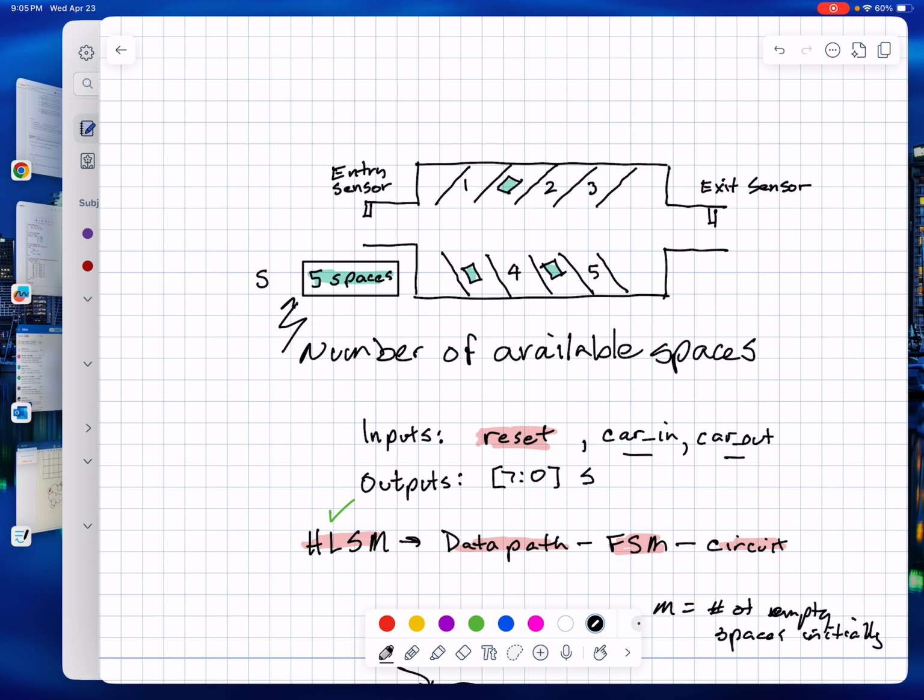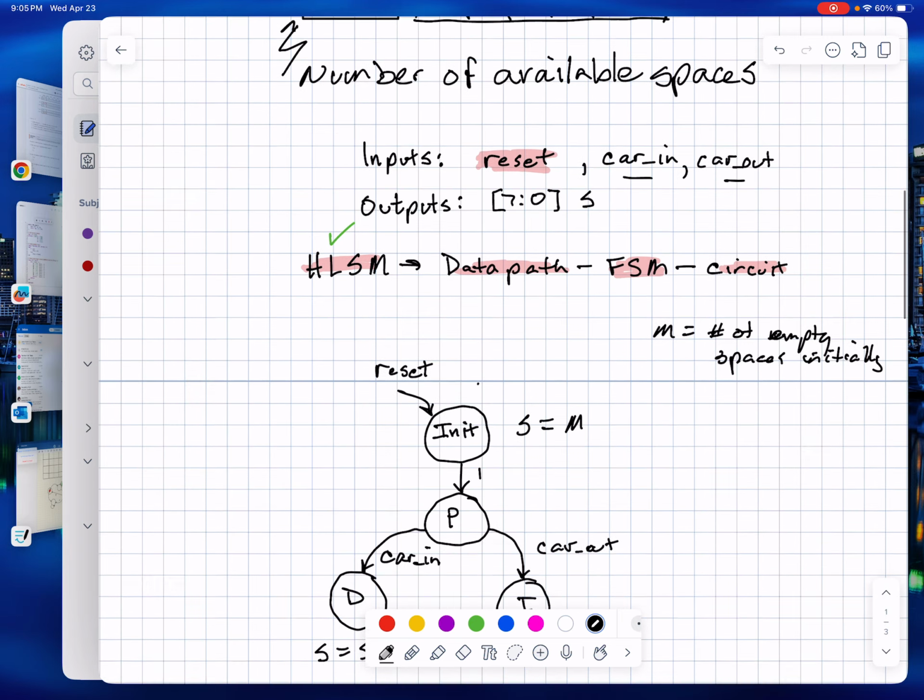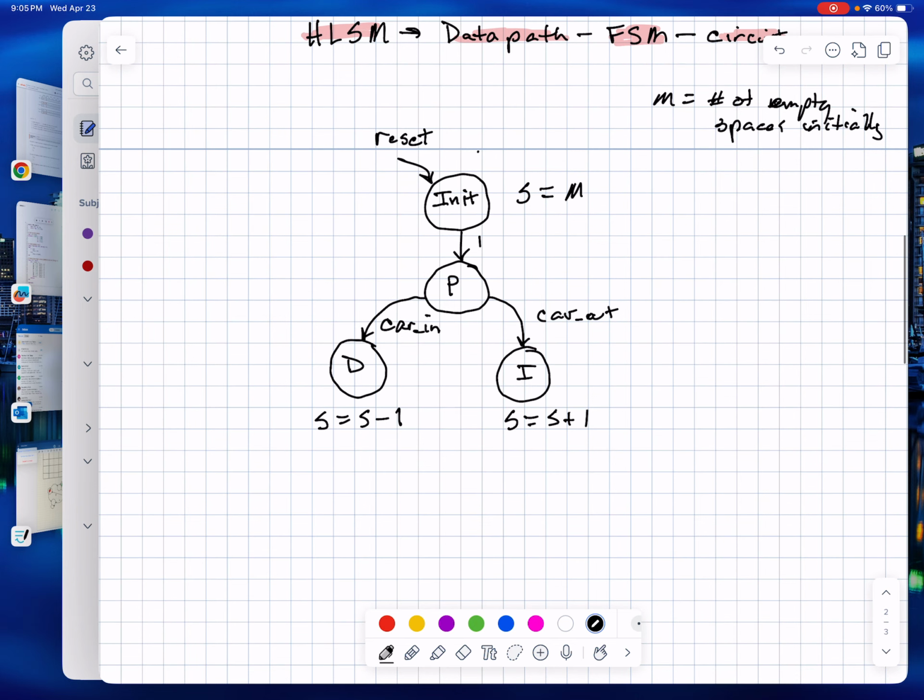But if you had a really slow clock, like a 1 minute clock, it'd be pretty easy to get a car coming in and out at the same time. So this state diagram has a problem. Do you see it? If you had car in and car out at the same time, this would go to two different states, and this wouldn't be a valid state diagram.